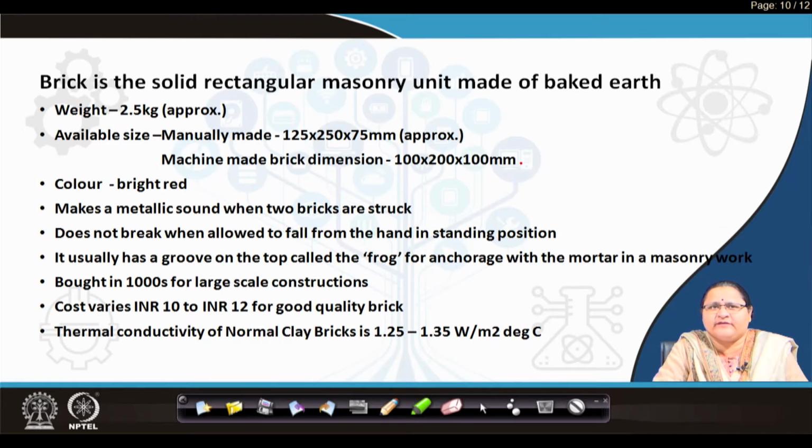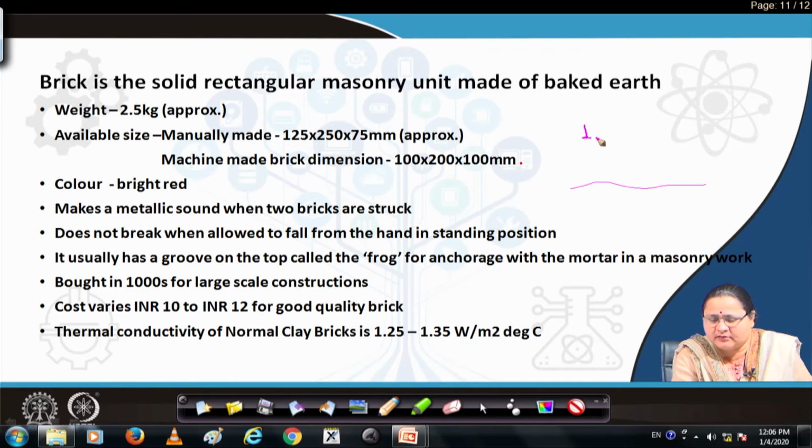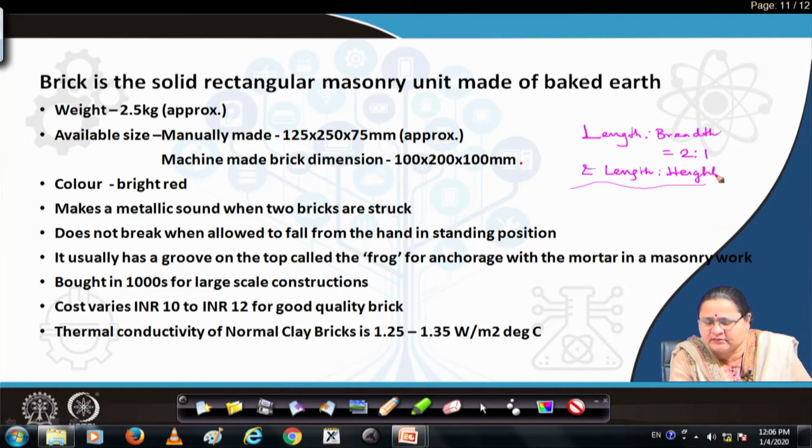Weight is around 2.5 kg, and the available size across our country varies. However, the length to breadth is equal to 2:1, and length to height is equal to 3:1.